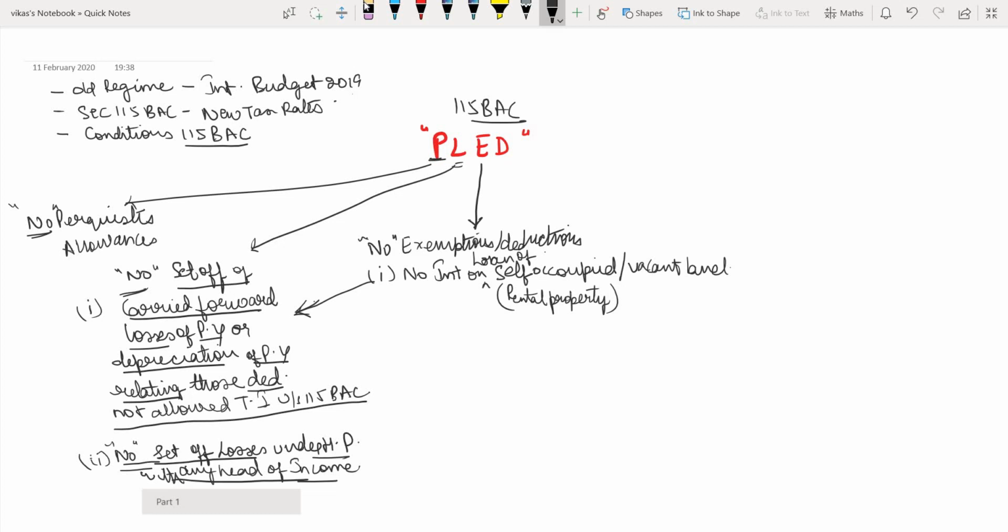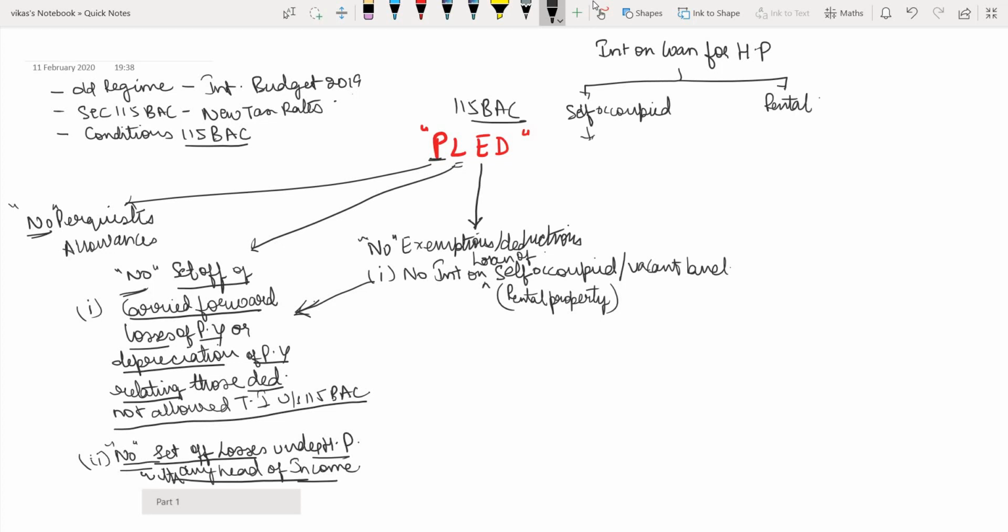So over here, there are two things. Let me take a note. Interest on loan for house property. Let us divide house property into self-occupied and rental.